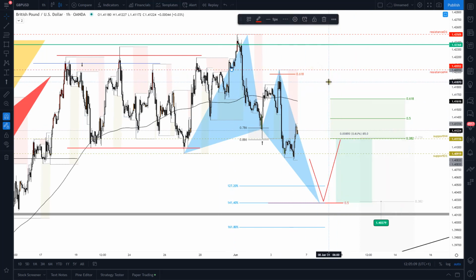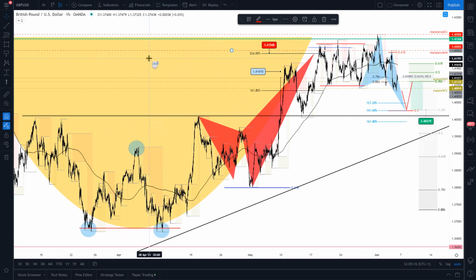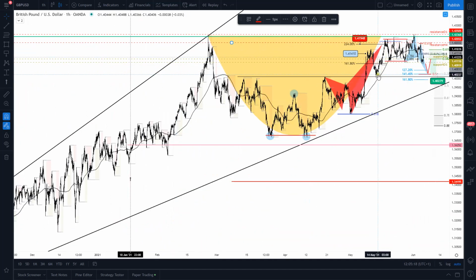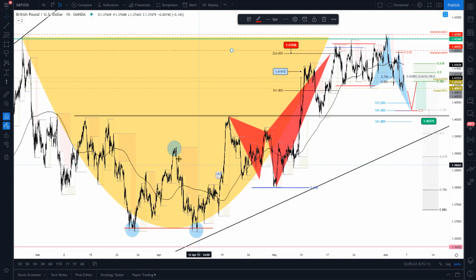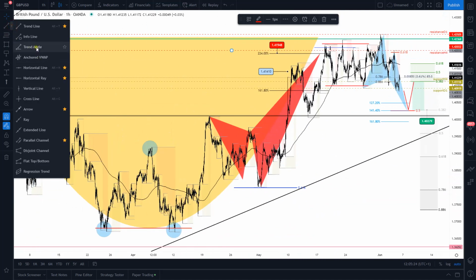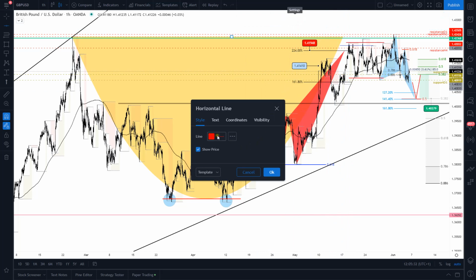Daily and 4 hours fractal, everything okay. And by the way, this is also the monthly fractal resistance. Right there to the bottom.